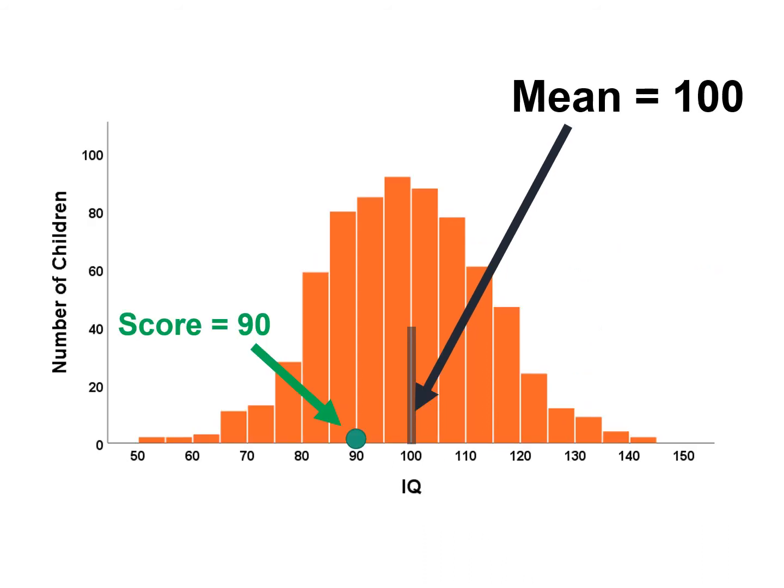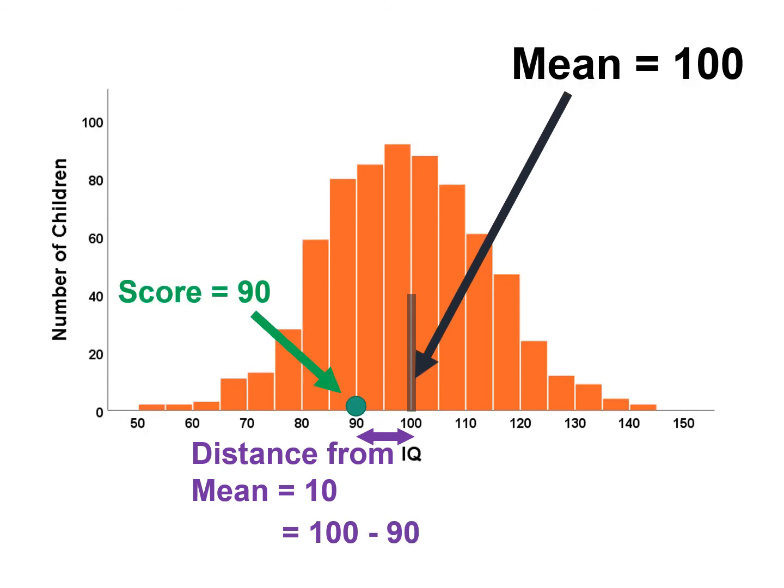Let's go through another example. This child has an IQ score of 90. This child's distance from the mean is 10. In other words, if we measured between 90 and 100, the distance is 10 units. Here's the formula. 100 minus 90 is 10. The distance from the mean is always positive with one exception, and I'll mention it in a minute.